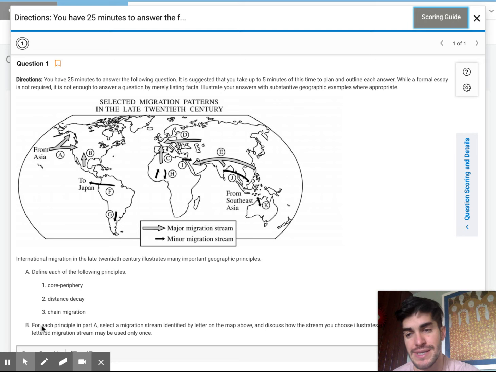On the actual AP test this year, they might not do A, but they could do B: select one migration stream that shows the principle of core-periphery and discuss that stream. Choose another stream and show how that does distance decay. So they're implying that you already know the definition, but you need to show that you know it and apply it. So let's do distance decay.